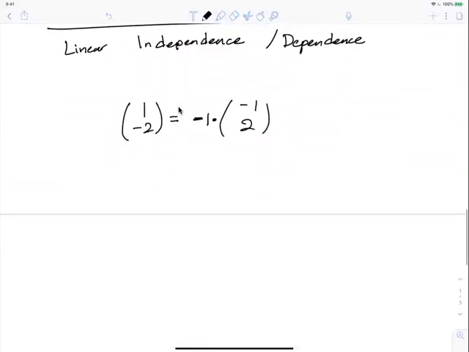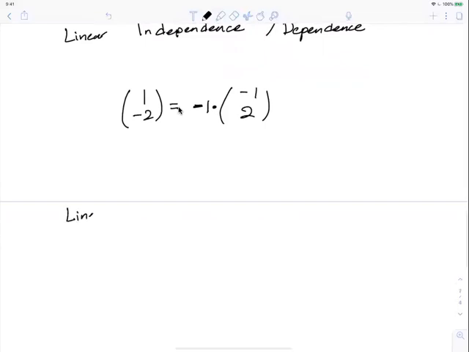So you are linearly independent if you cannot write one vector as a combination of all the others. So you might have v1, v2, and v3.